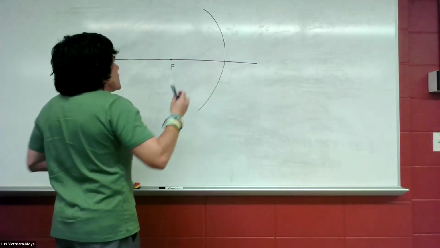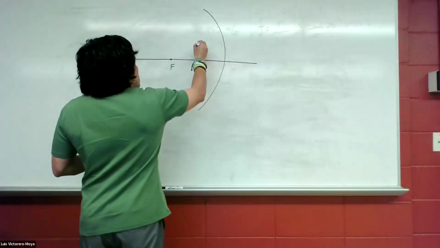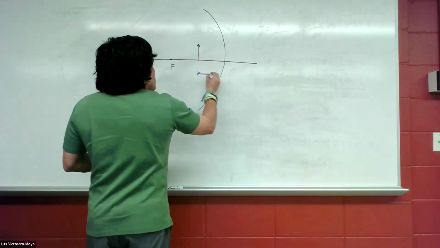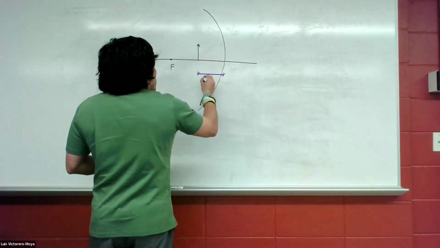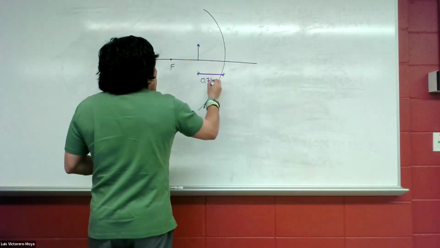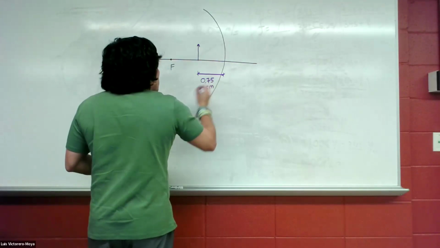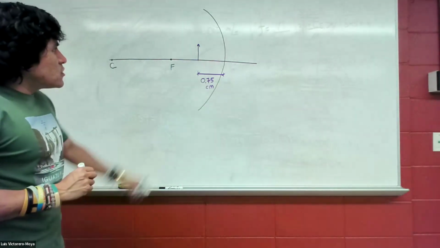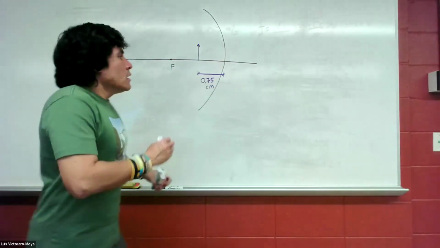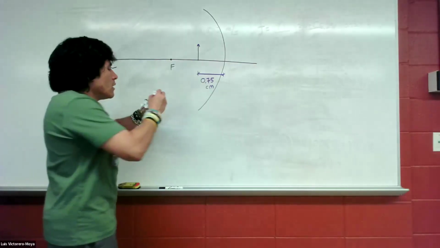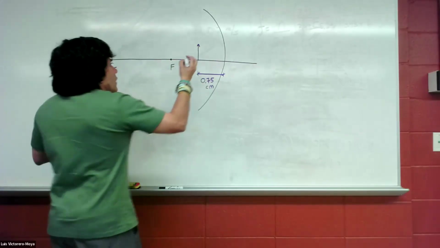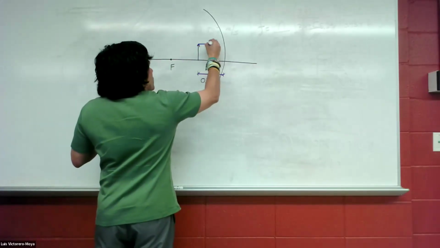The object has to be within the focal. That's 0.75 centimeters. And the image is behind the mirror. That's in front of the mirror. Look, ray tracing. If I do ray tracing here, I'll get this.